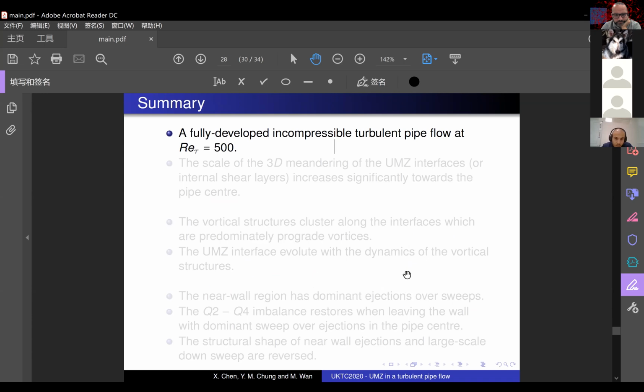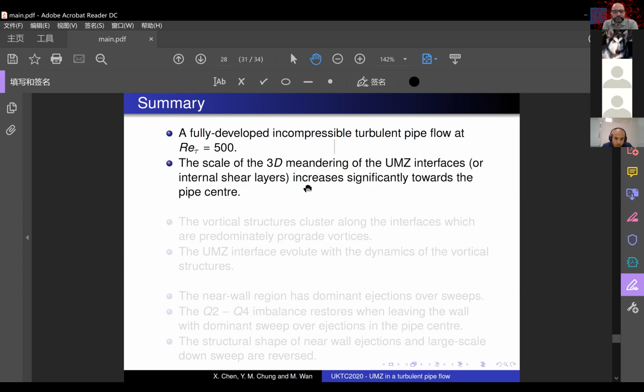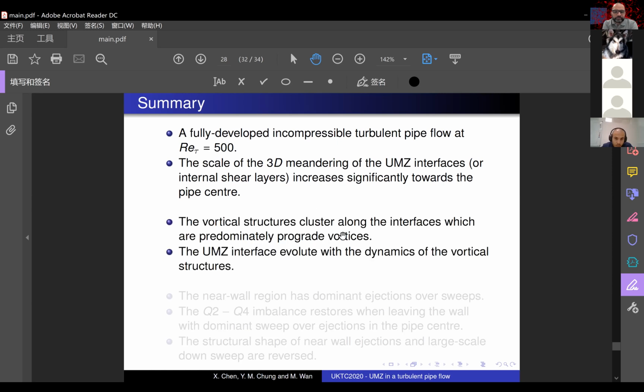So in summary, we investigated the incompressible turbulent pipe flow at Re tau 500, and the scale of the three-dimensional meandering of the interface increases towards the pipe center. The vortical structures cluster along the interfaces and are predominantly prograde vortices. The interface evolves with the local dynamics of the vortical structures.